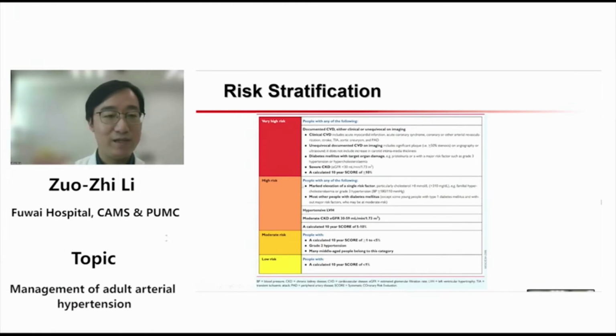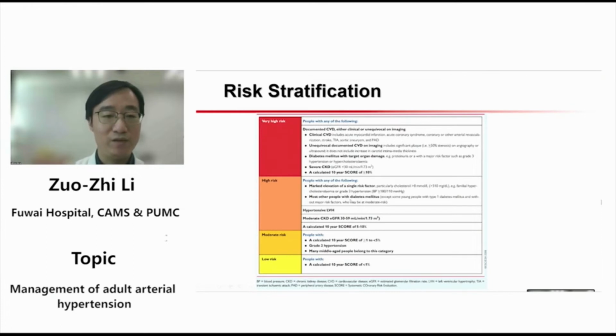If the patient is stratified as having high risk of CVD, then the patient will have a very marked elevation of single risk factors, such as total cholesterol over 8 millimoles per liter, or grade 3 hypertension, that is blood pressure over 180 over 110 millimeters of mercury, or diabetes without target organ damage.